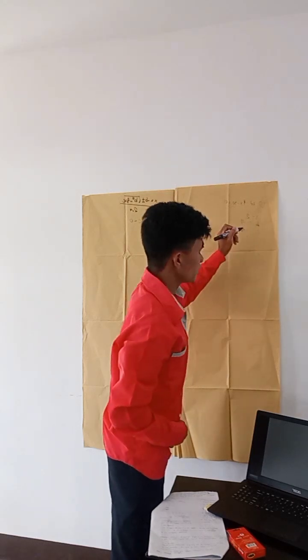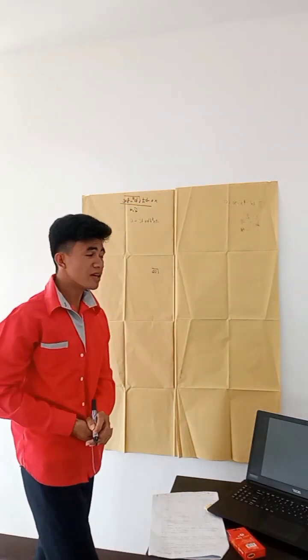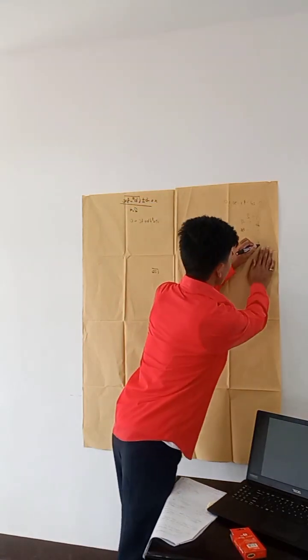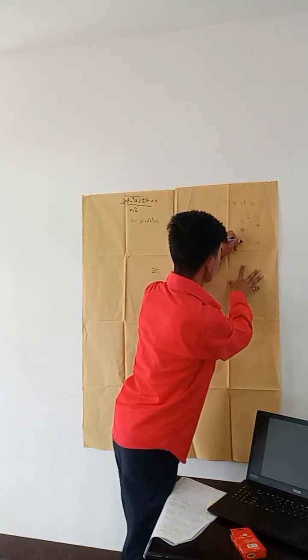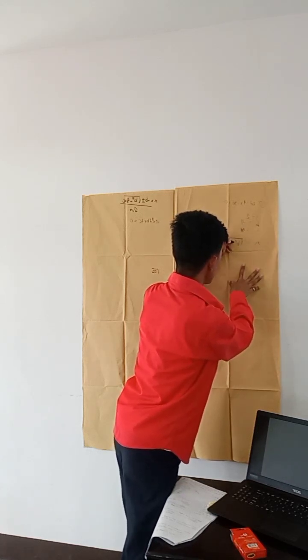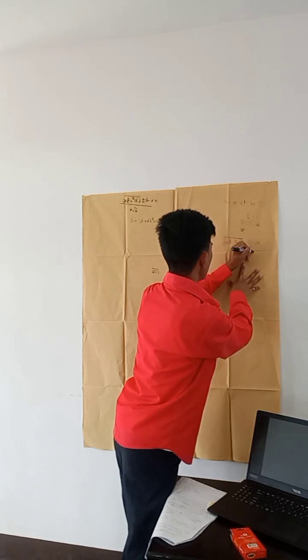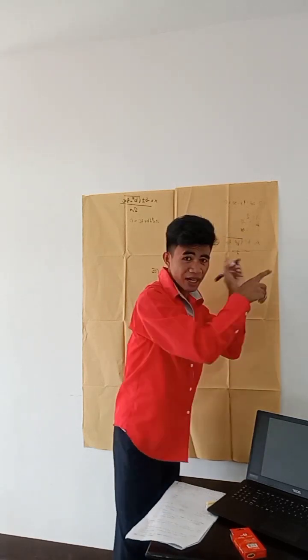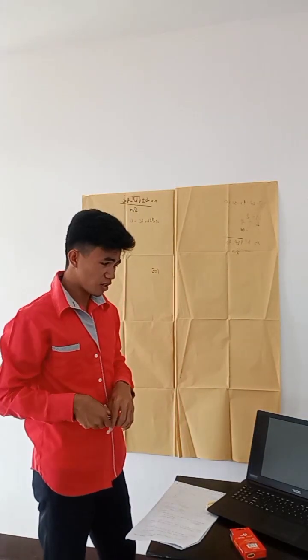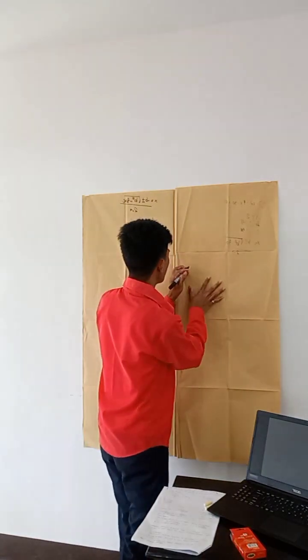Negative 30. Then the second step is to rewrite the formula. The formula is x is equal to negative b plus or minus the square root of b squared minus 4ac over 2a. And after writing the formula, we're going to substitute the values.